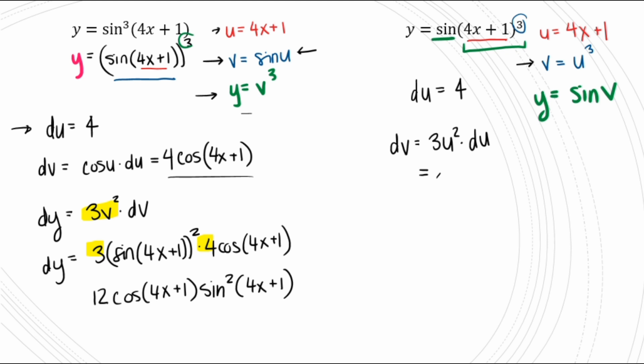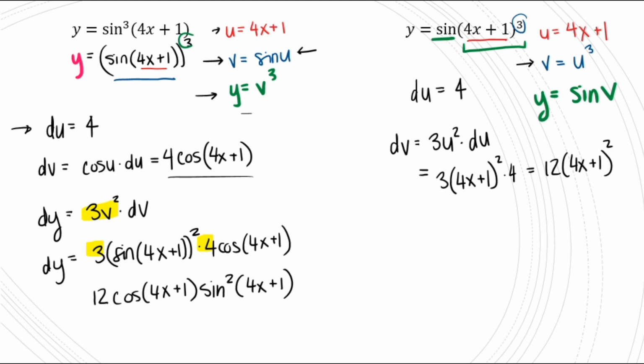So I'm going to say it's going to be 3. u was 4x plus 1. I'm looking up. That's why I list them. And then du I had as 4. So once again, 12 onto 4x plus 1 squared. Excellent. And that's where we usually stop.